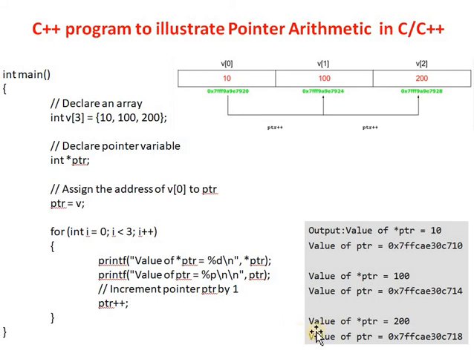Then the last element of the array is displayed, that is 200. Then again we are displaying the address of that particular pointer. This is the example of pointer arithmetic in C.